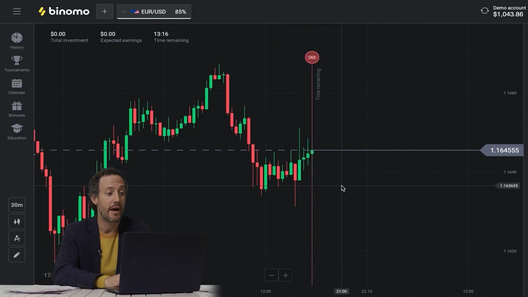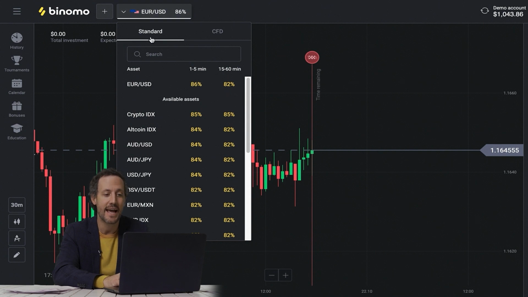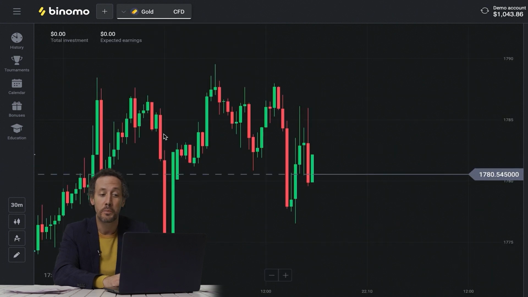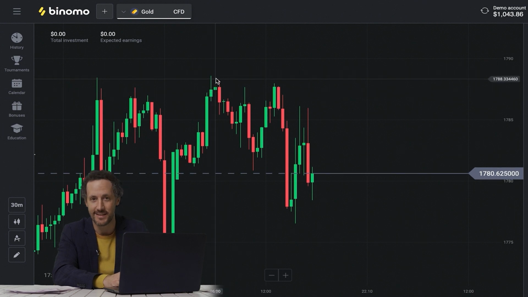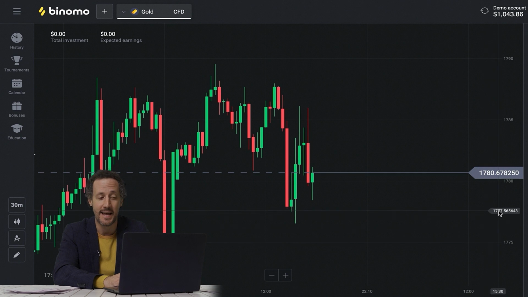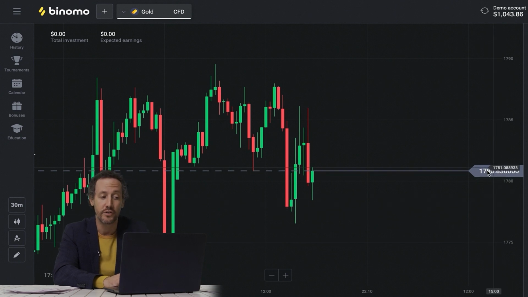By the way, there are a few different trading variants on our platform, assets and the CFDs. If you weren't aware, we can use the CFD or contract for difference to purchase assets at one price and then sell them at a better price later. It may sound complicated, but here's an example. A troy ounce of gold costs $1.78.